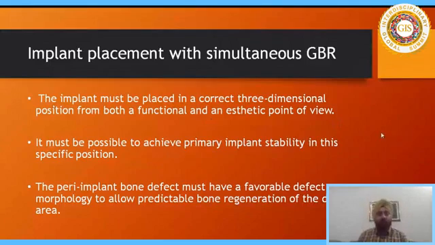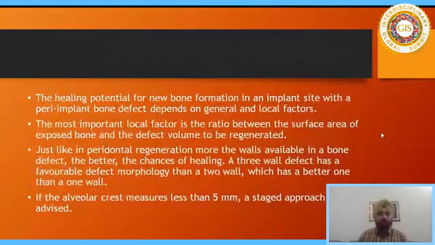The healing potential for new bone formation in an implant site with a peri-implant bone defect depends on general and local factors. The most important local factor is the ratio between the surface area of exposed bone and the defect volume to be regenerated. Just like in periodontal regeneration, my periodontist friends know well that the more walls available in a bone defect, the better the chances of healing.